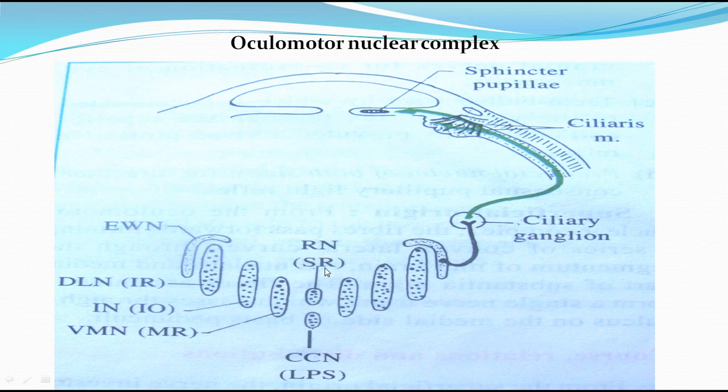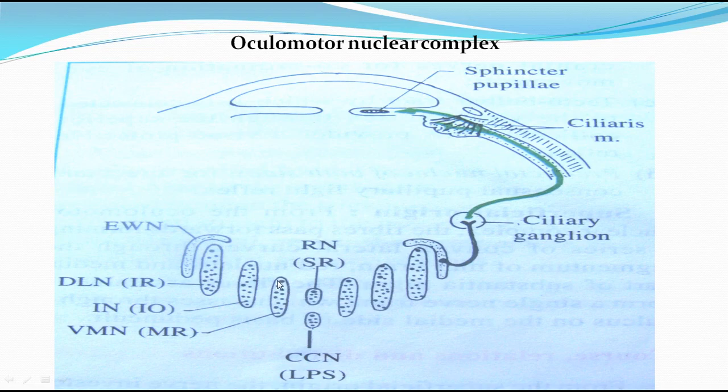The caudal central nucleus supplies levator palpebrae superioris, which elevates the eyelid. See, both the nuclei present in the midline are supplying muscles which are above the eyeball. Simplest. Raphe nucleus supplies superior rectus above the eyeball. Caudal central nucleus supplies levator palpebrae superioris above the eyeball.